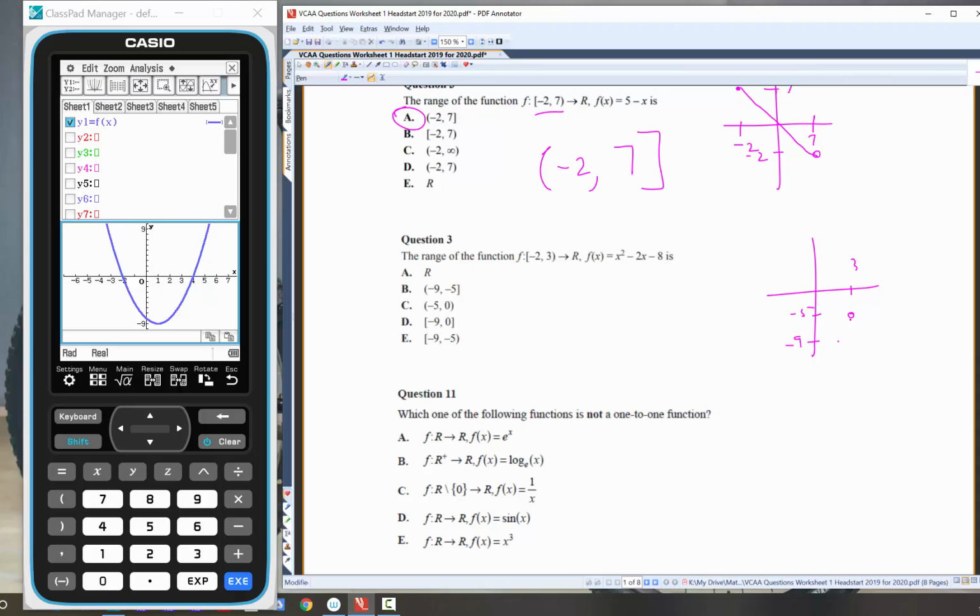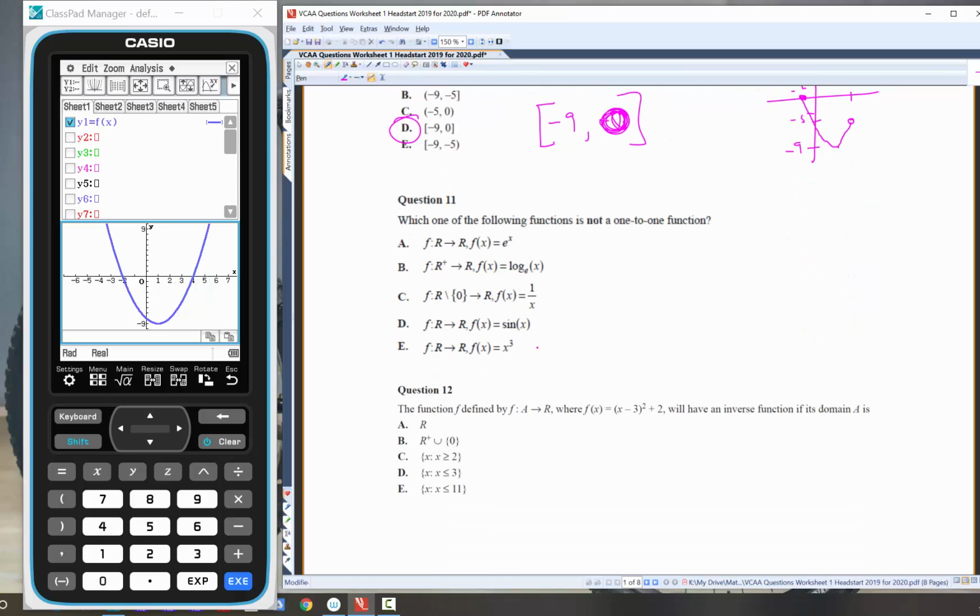Again, I'm not worried about the x values, but I'm going to swing down like this, turn there, kick back up again, and at negative 2, it's going to be 0, which is included because of that. So our range is actually going to be negative 9 included, because it can produce the turning point, all the way up to and including that value there. Ooh, negative 2, what am I talking about? Negative 9 to 0, that one.